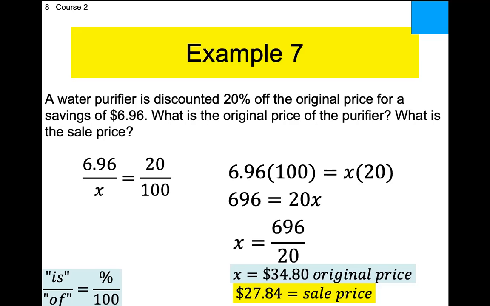This is the weird one. The rest of them all have is's and of's, and they're pretty easy. But the ones that have the discount have this one extra step of original price and discount, and where they go, you can quickly forget. If you have an example written right next to the formula, my belief is that you will do much better than if you just walk into class thinking, I'll remember this stuff.